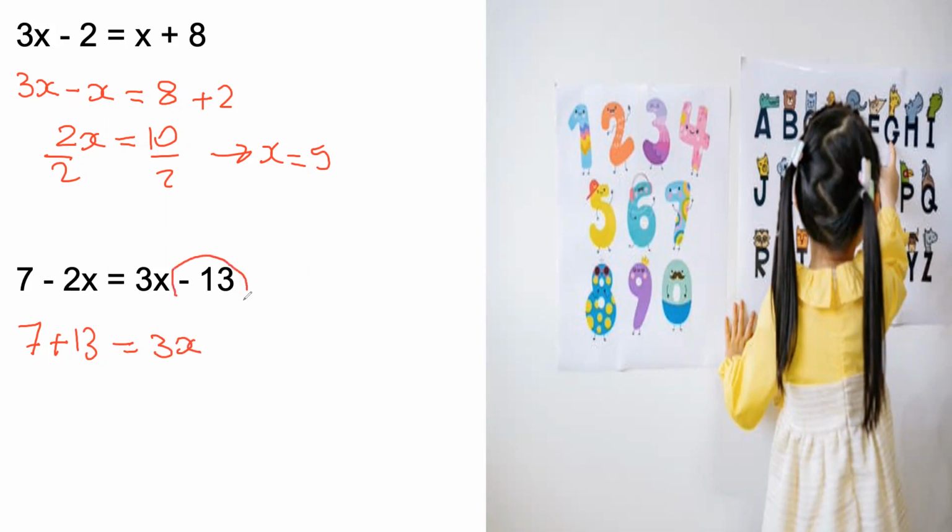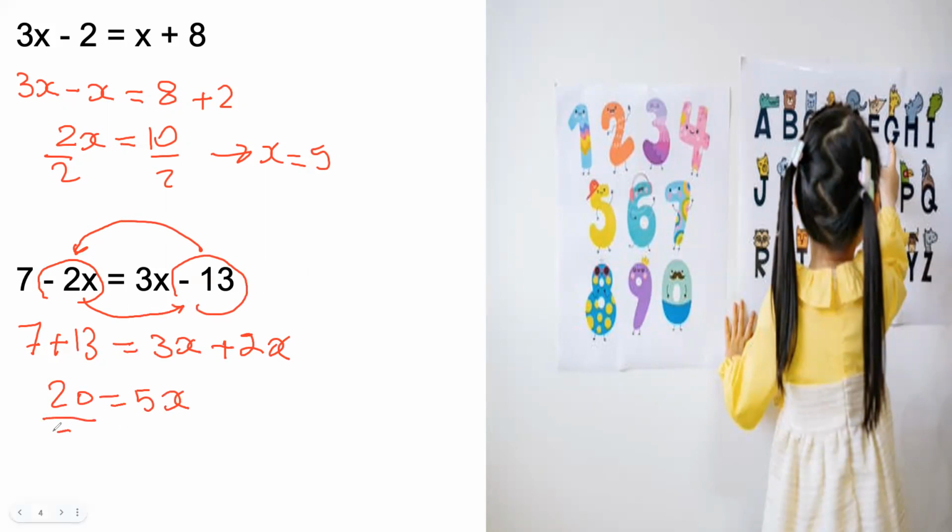So I'm moving this to the left side, and I'm moving this to the right side. When I move this to the right side, of course, it's going to change the sign. It's going to become plus 2x. Now we have 20 equals 5x, and then I divide both sides by 5, and therefore x equals 4.